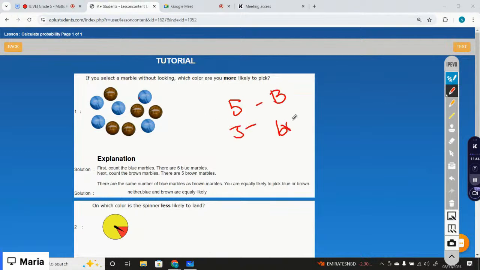So you have an equal number of marbles, right? So that means they are equally likely. So that means you have the equal chance that you can pick blue and brown. Got it?